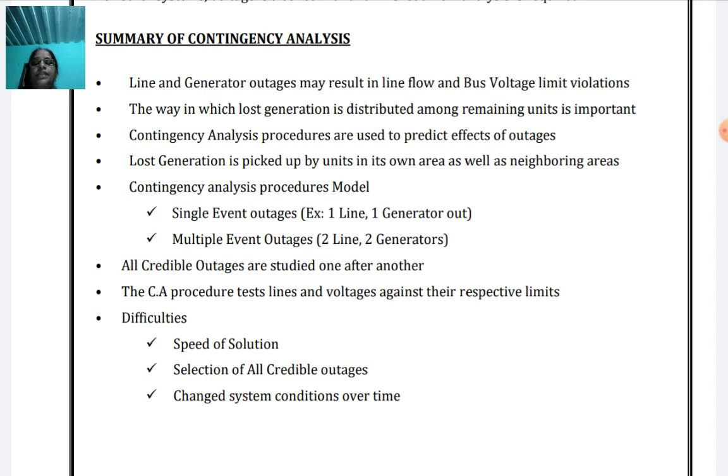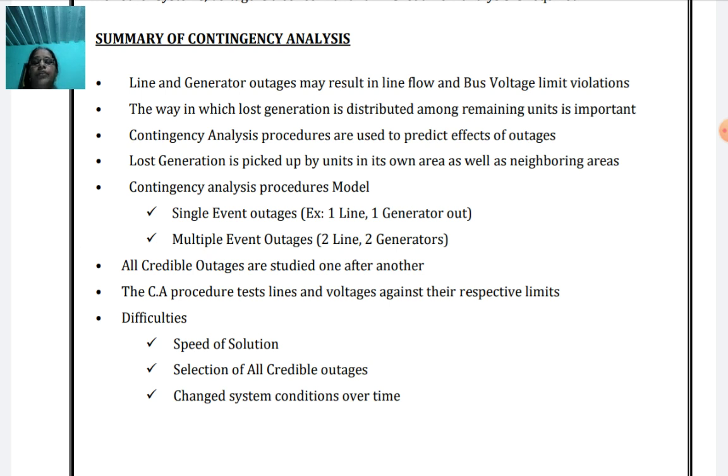The procedure tests lines and voltages against their respective limits. So what tests are we doing? We only check the line and voltage values against their respective limits.